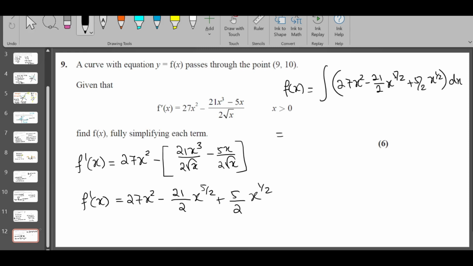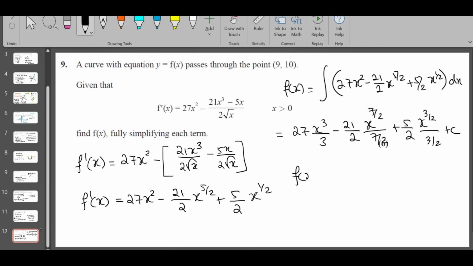and then integrate it. 27x cube over 3 minus 21 over 2 x power 5 over 2 plus 1, which is 7 over 2 over 7 over 2, x power half plus 1, which is 3 over 2 over 3 over 2 plus c. We need to simplify this.